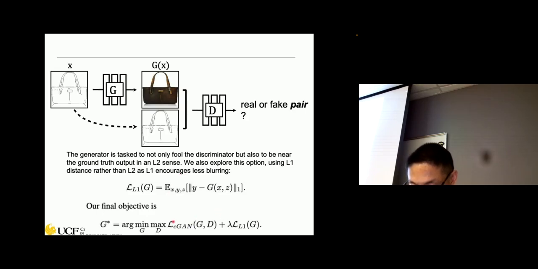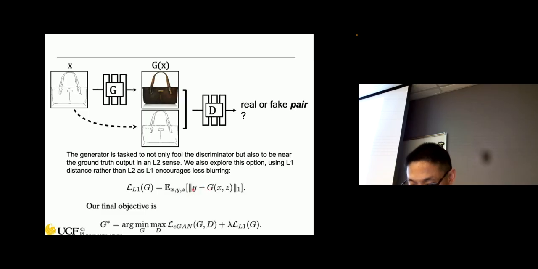And what other losses do they also consider? We have this usual GAN loss right here. We'll also have another loss to facilitate the image generation, which is this L1 loss.